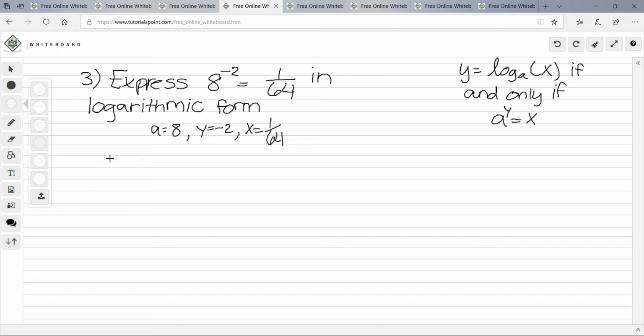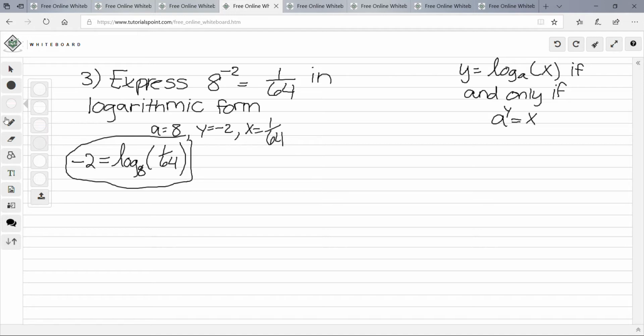So -2 equals log base 8 of 1/64. You could also put the -2 on the right, it's still the same answer, right? So this is our final answer.